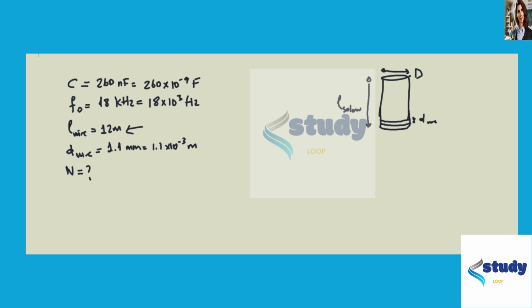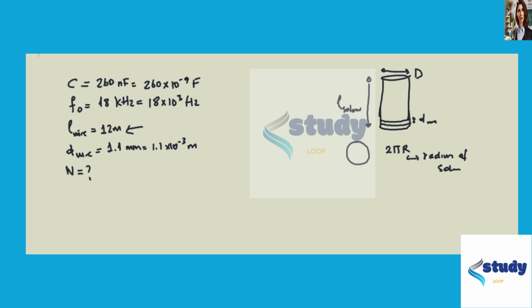If for one winding, imagine this is the top view, the amount of wire used to form this is 2 pi capital R, where capital R is the radius of the solenoid. It has nothing to do with the wire's radius.